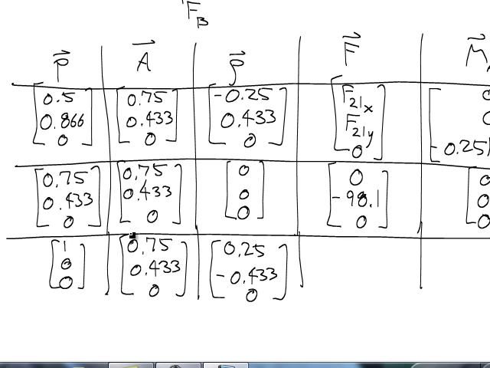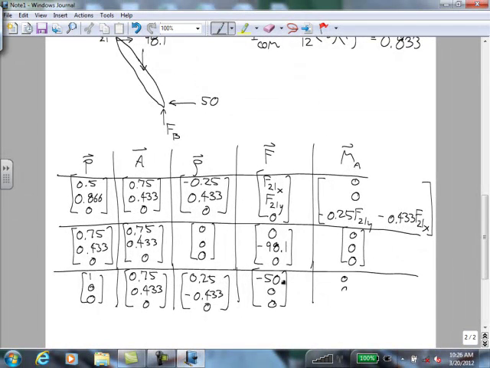Say we're doing the 50 here, so negative 50, 0, 0. And so you get 0, 0, and negative 21.65.